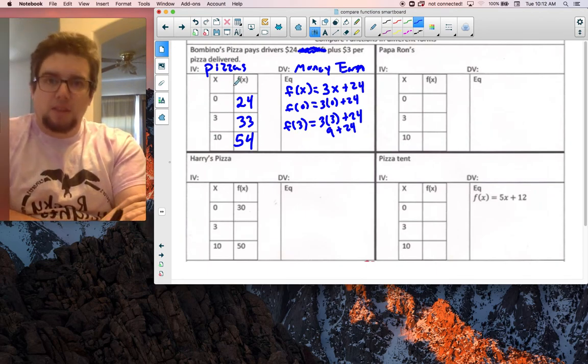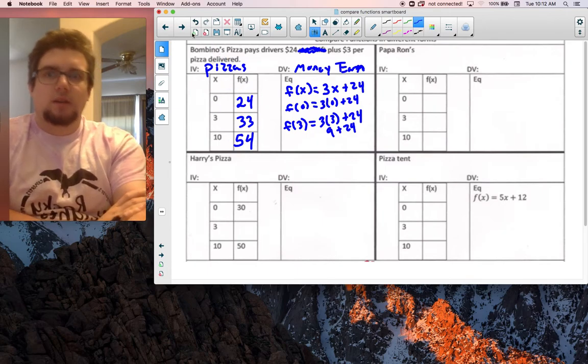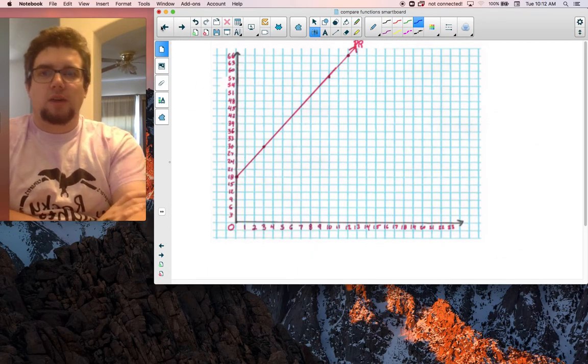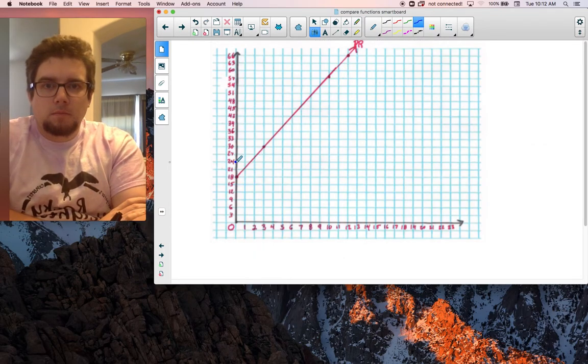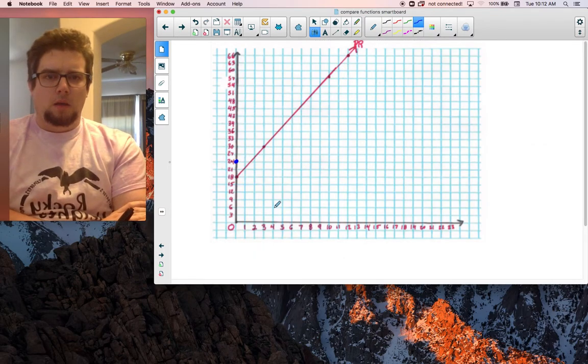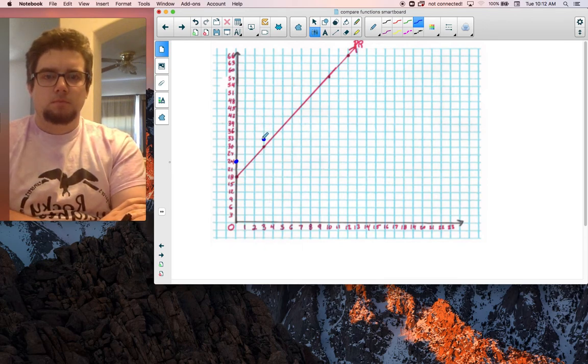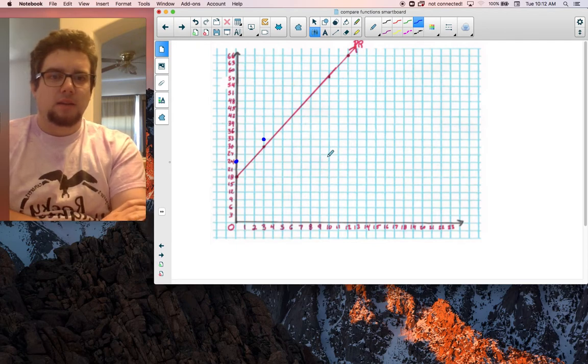I'm going to take these points right here, and I'm going to plot it on our graph down below. So I have 0, 24, 3, 33, and 10, 54.